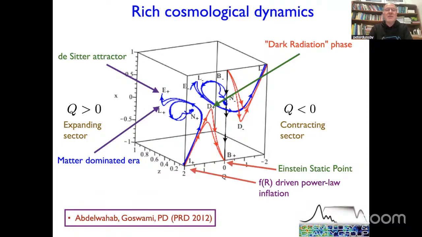So this is a nice model to study, and it illustrates the power of this technique to analyze at least those classes of f of r theories that you can invert to be able to write down the equations in autonomous form.